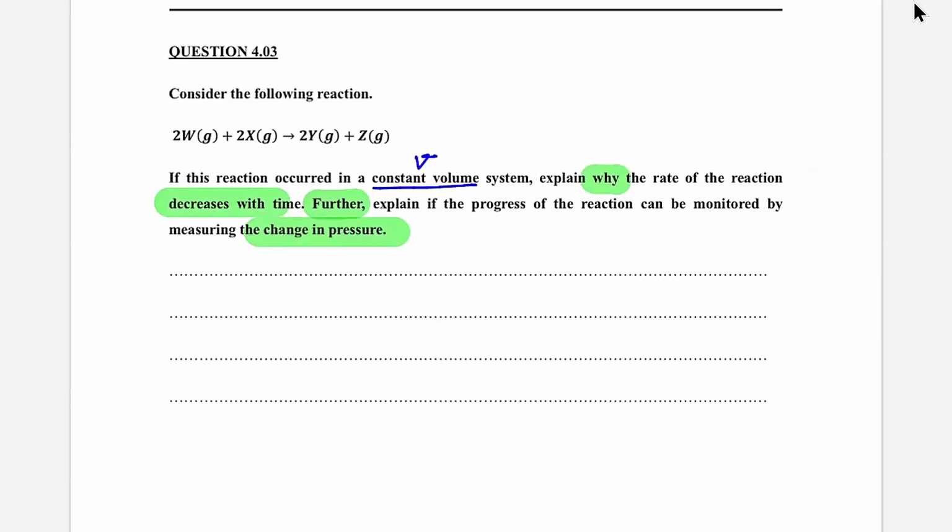Okay, what is the answer? Reactants are used. What do you mean by used for products? So that means it is reacting.